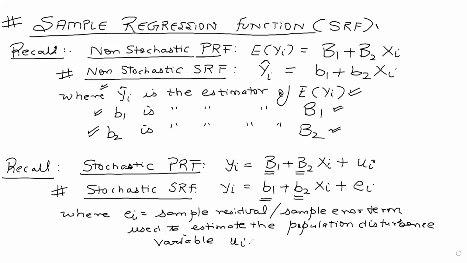So small b1 is used to estimate capital B1, small b2 is used to estimate capital B2, and ei, which is my sample residual or the sample error term, is used to estimate the population error term or the population disturbance variable ui.